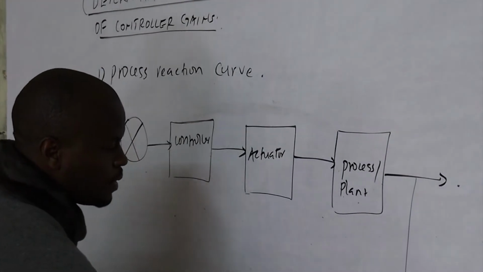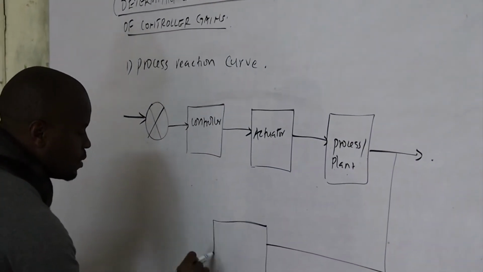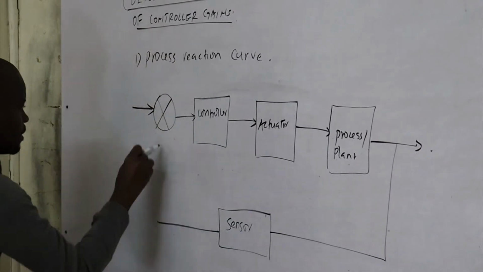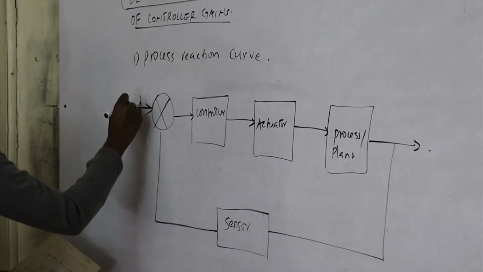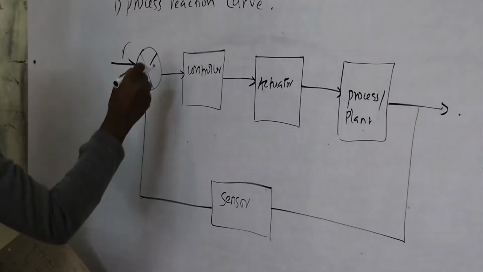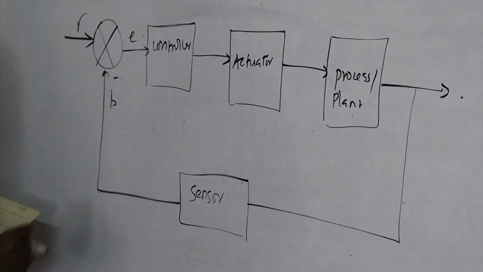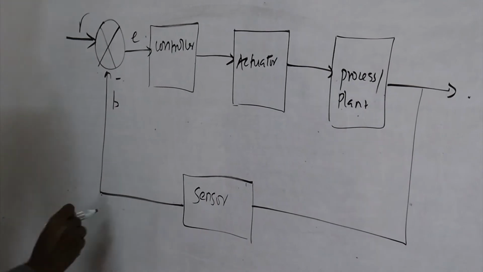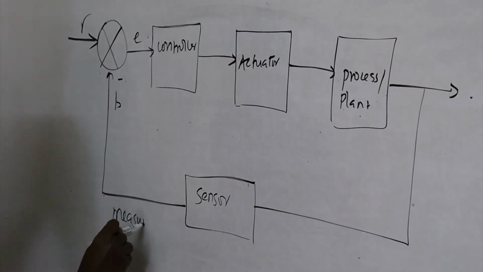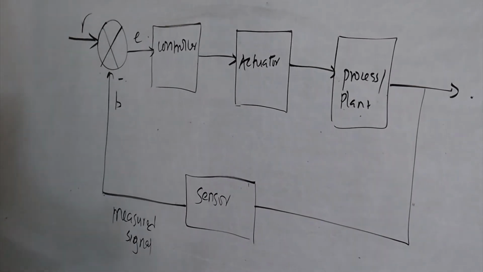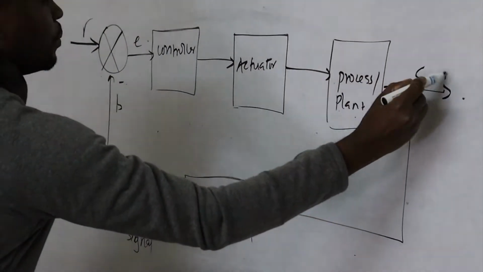Then there is the feedback that goes through the sensor, or rather the measuring means. We have the reference input R, the error, the feedback B, which is the measured signal, and then the output C.